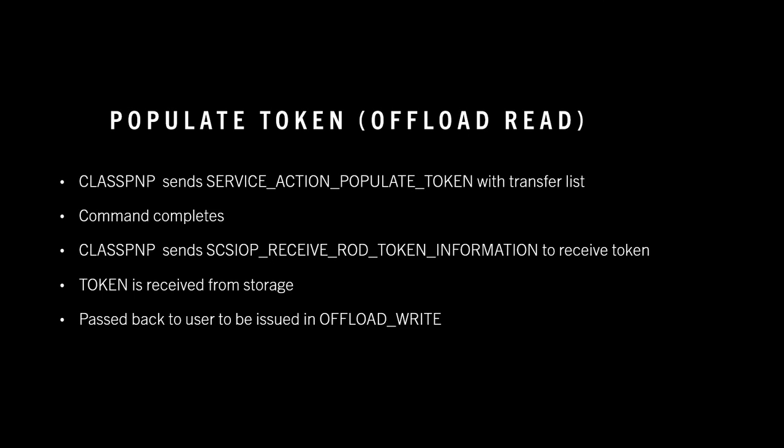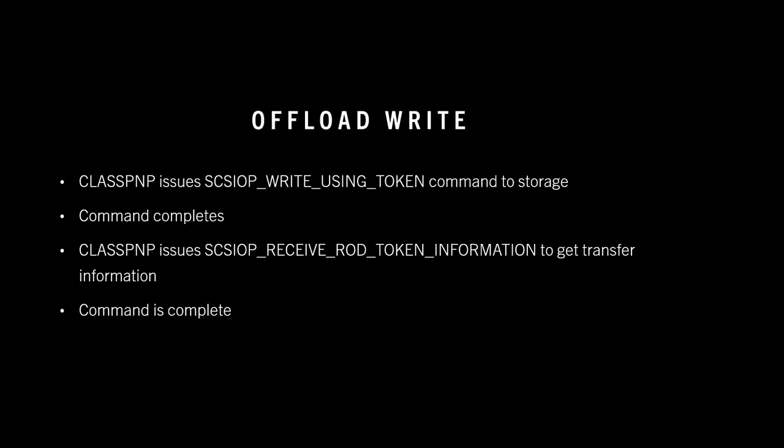Then it is passed back to the user to be issued in the offload write. On the offload write, ClassPnP sends a SCSI operation write using token. That command completes. Then ClassPnP issues a receive ROD token information command to get the transfer information. That command completes, and that phase of the transfer is completed.